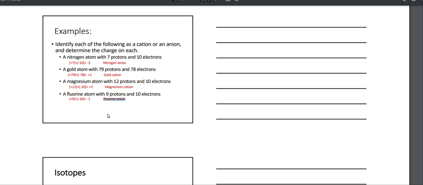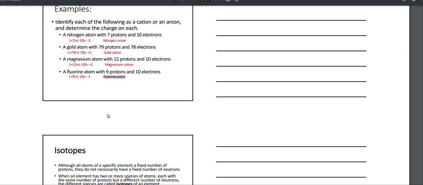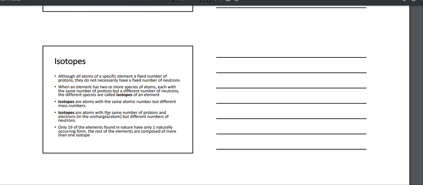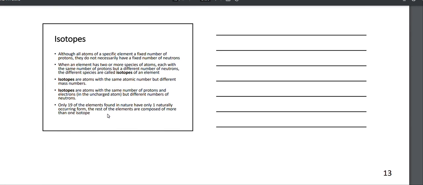So you subtract the number of electrons from the number of protons, and then you will know if it is a cation or anion. Okay, so that's in terms of cations and anions. Let's talk about isotopes. Isotopes are different than ions. Although all atoms of a specific element have a fixed number of protons, just like we discussed earlier, they may have a different number of neutrons.